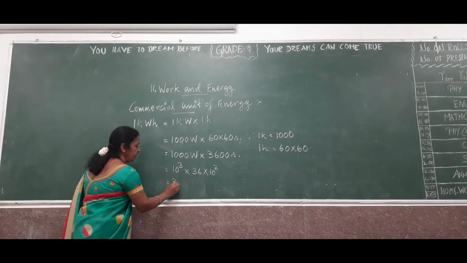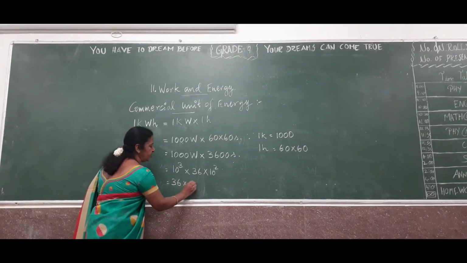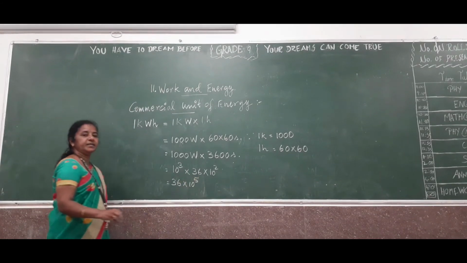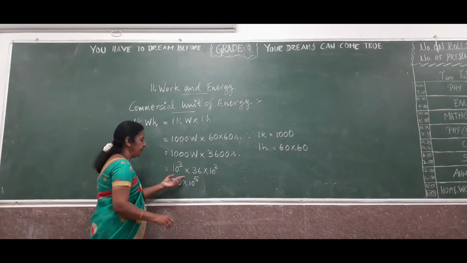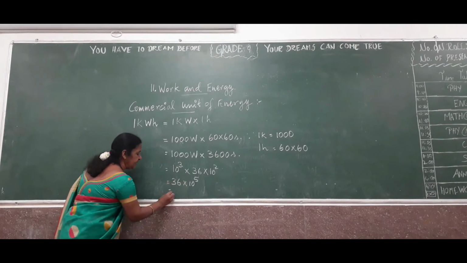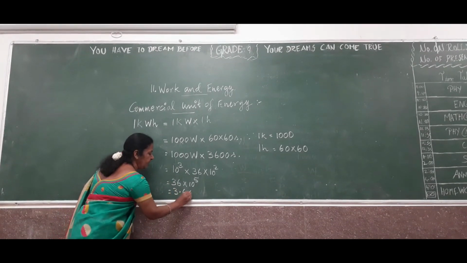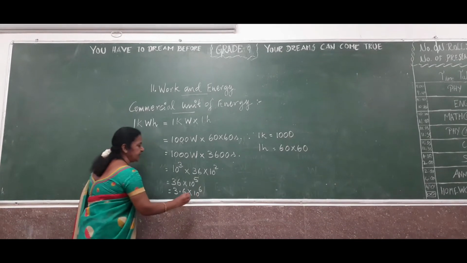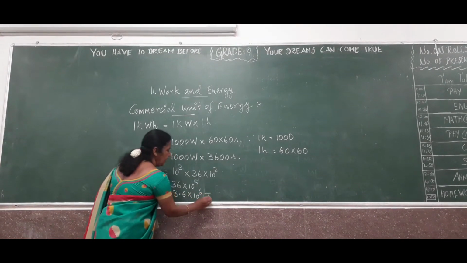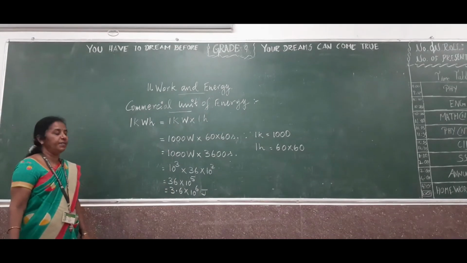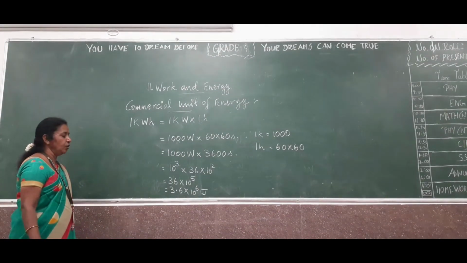So this will be 36 into 10 raised to 5. You can remove 10 from here and write it as 3.6 into 10 raised to 6, and it is the energy, so it is in joule.